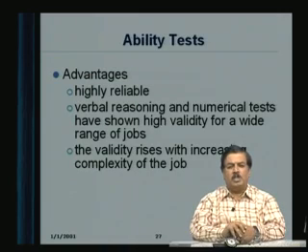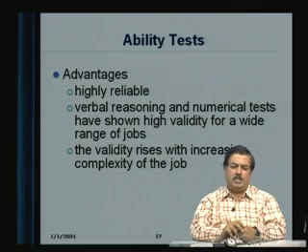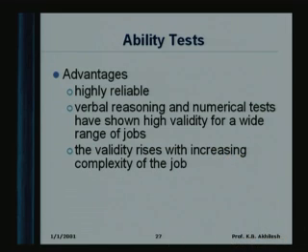Usually you will see the ability tests are highly reliable, and some of the ability tests in terms of verbal reasoning and numerical tests have shown very high validity for a wide range of jobs, in that they are able to predict job success. The validity also increases, we have seen, with increasing complexity of the job.